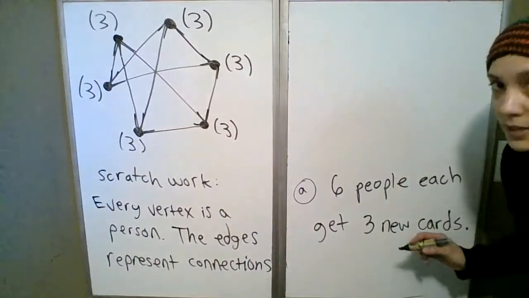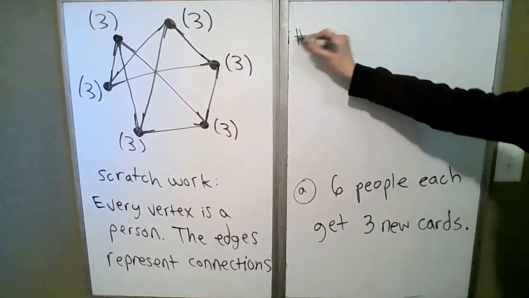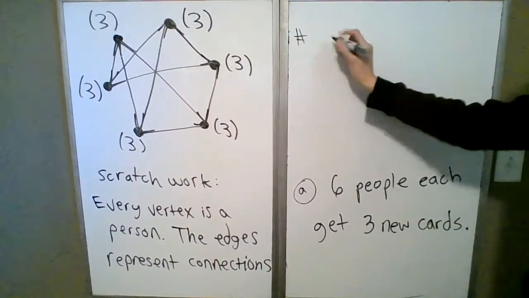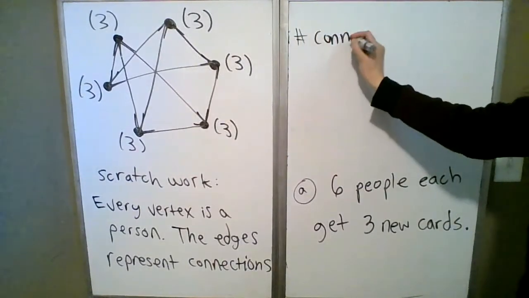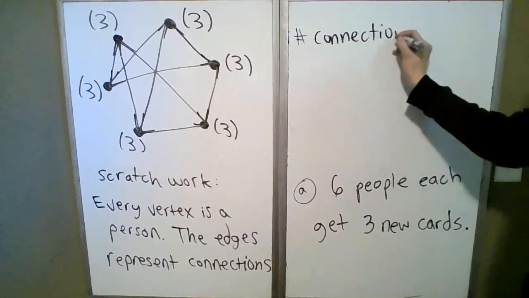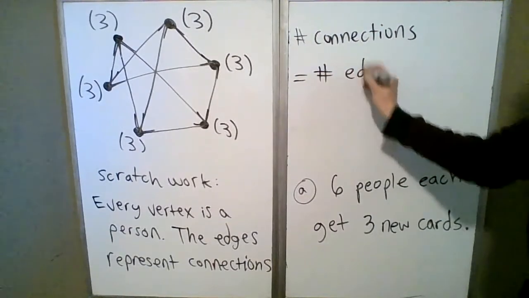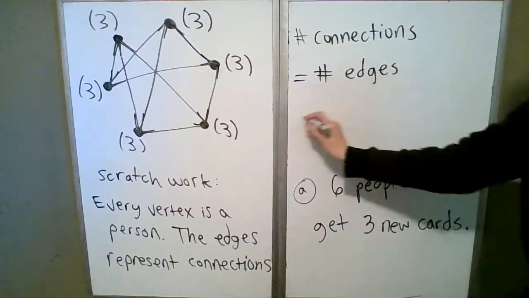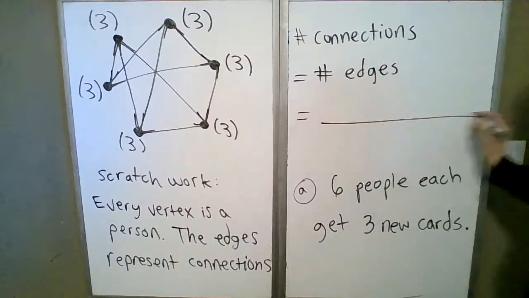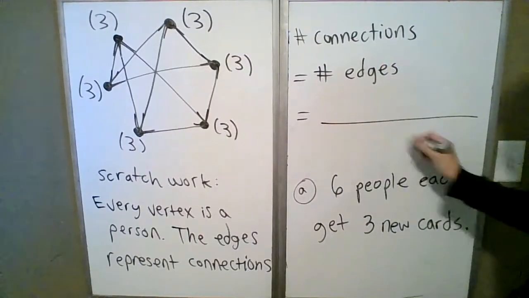I need the number of connections, so I want the number of edges. The number of edges is the sum of the degrees over 2.